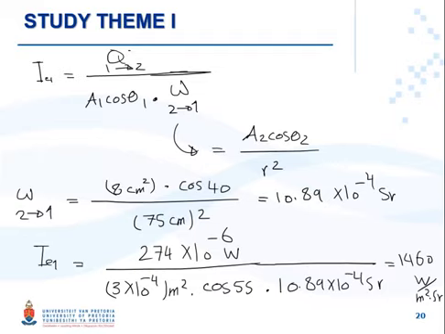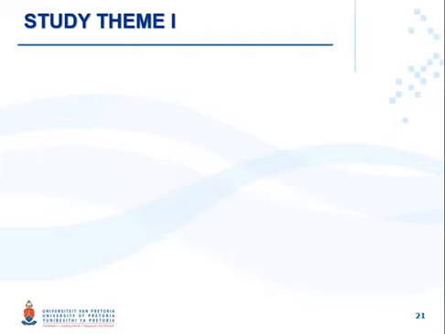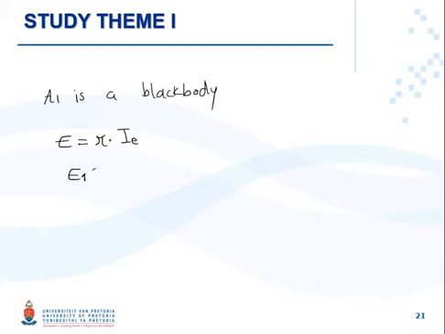Now how are we going to find T1, because the question is asking for T1 as well. If you remember, it said that A1 is a black body. The intensity of radiation emitted, we remember that E is equal to pi times I_e. So E1_b, because it's a black body, is equal to pi times I_e1, which we just calculated for surface 1.